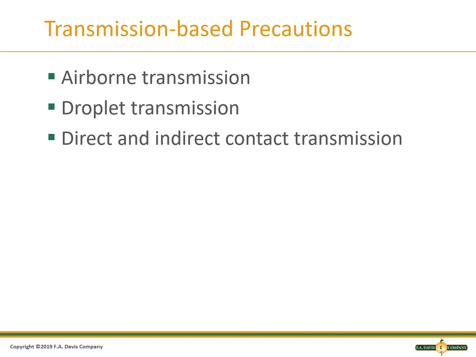Some diseases can be transmitted from the respiratory system of one person to another through the small droplets that occur when a patient coughs, sneezes, or talks. When you care for a patient who has been diagnosed with a communicable disease that is spread through respiratory droplets, you would wear a mask over your mouth and nose in addition to following standard precautions.